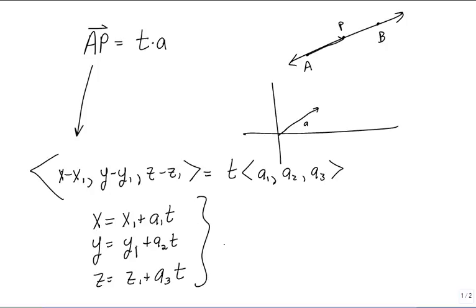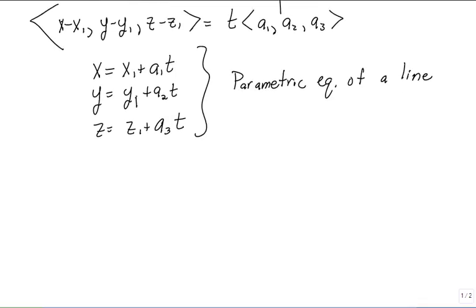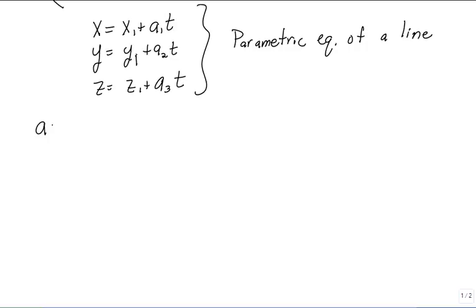And these are called the parametric equations of a line. They all represent one line. And the vector A is the direction vector. It tells us what direction this vector is going.